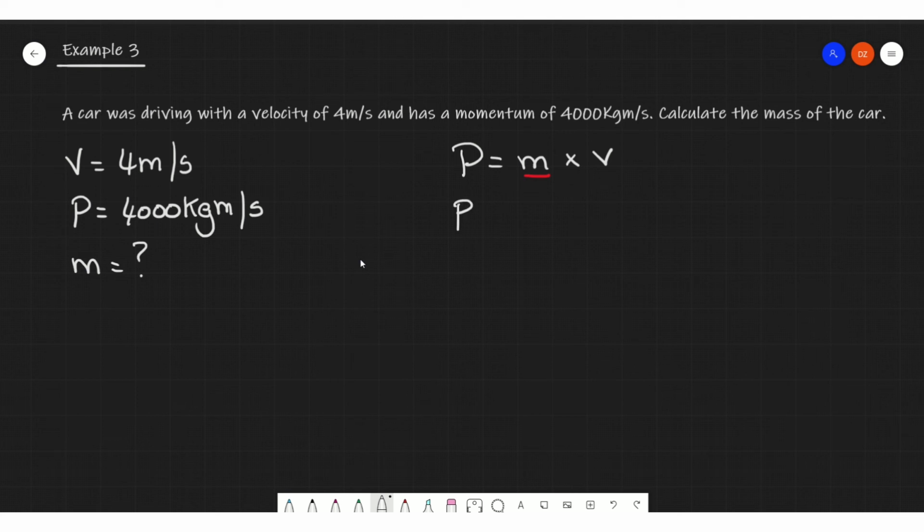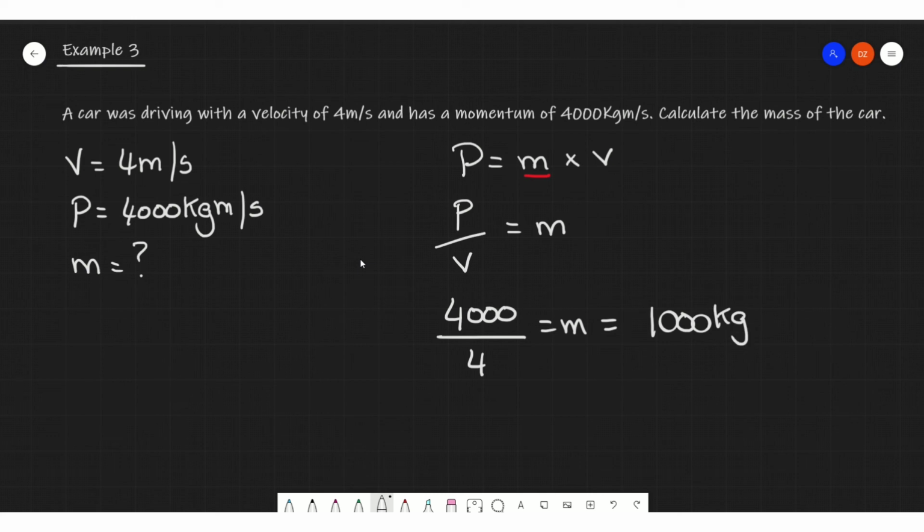So momentum divided by velocity is equal to mass. Momentum is 4,000, velocity is 4, and therefore we end up with a mass of 1,000 kilograms.